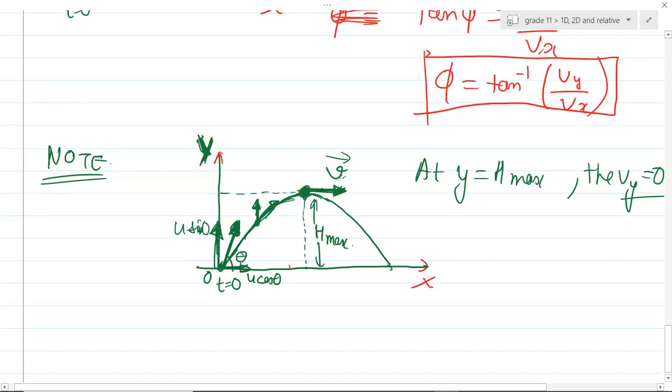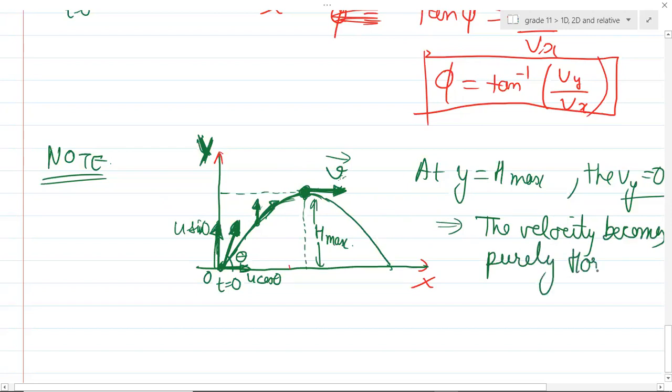When we draw the tangent at this point, will this tangent be parallel to the x-axis? Yes, parallel to the x-axis. So the v vector will become parallel to the x-axis. तो यहाँ पे I can say the velocity becomes purely horizontal at maximum height. Okay, so we'll do the analysis of maximum height and everything with the help of this data. Okay, remember this.